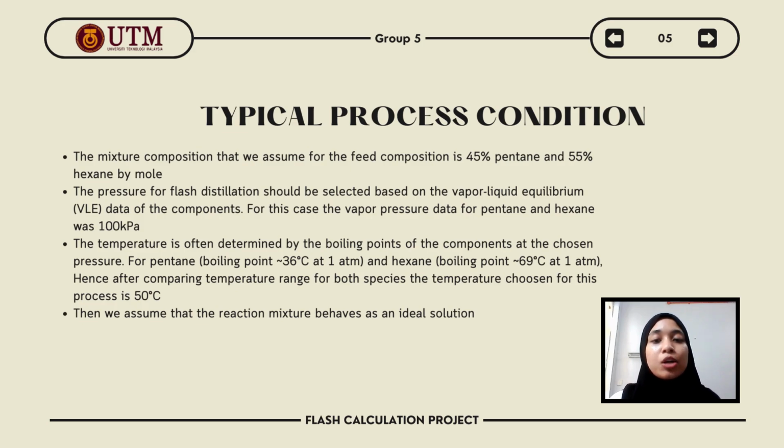For pentane, the boiling point at 1 atm is 36 degrees Celsius, while for hexane, the boiling point at 1 atm is 69 degrees Celsius. Hence, after comparing the temperature ranges for both species, the temperature chosen for this process is 50 degrees Celsius. Then, we also assume that the mixture behaves as an ideal solution.